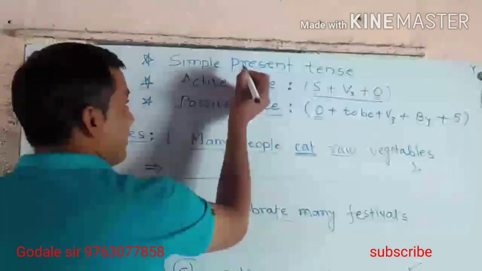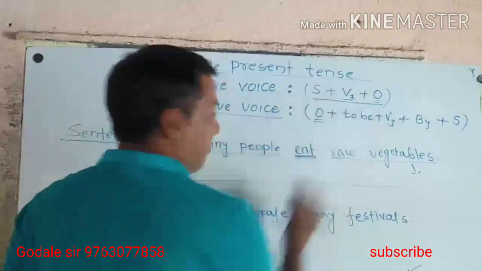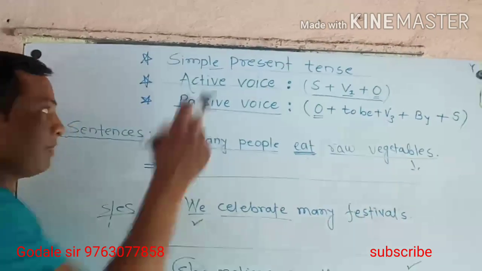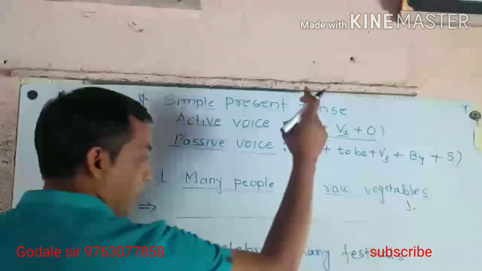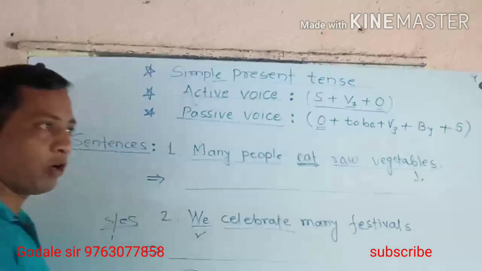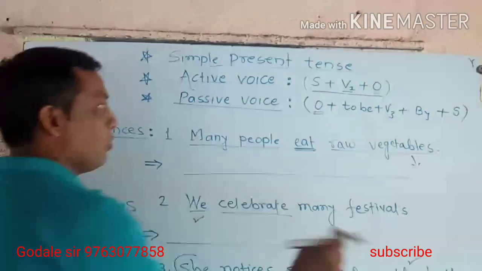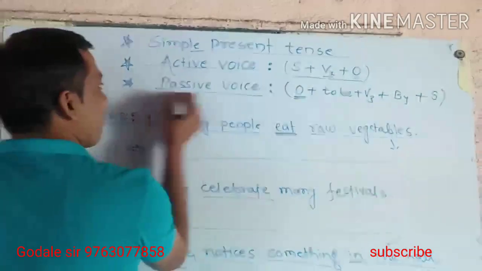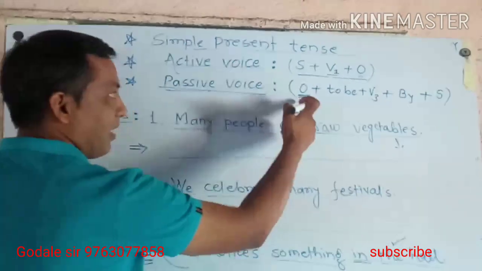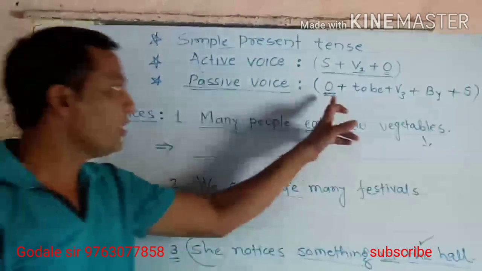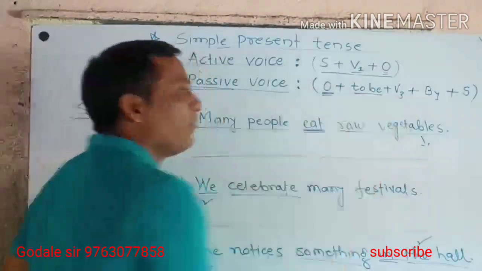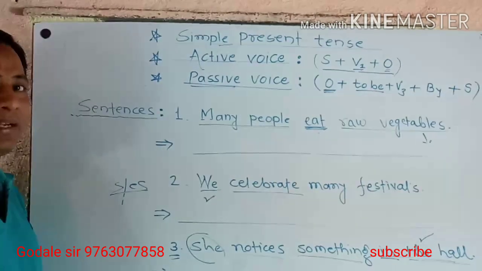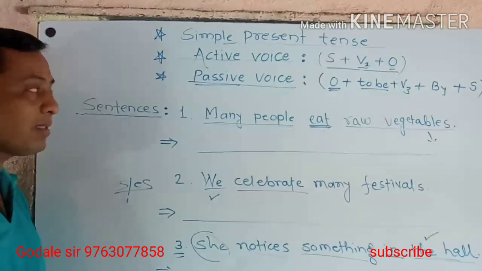Then in simple present tense, the main verb is obviously in first form. So if the verb is in first form, in present tense, then after the new subject, this is called the new subject of passive voice, there should be the to be forms, and we know the to be forms of present tense, they are am, is, are.